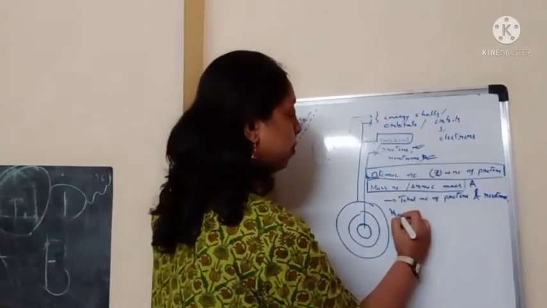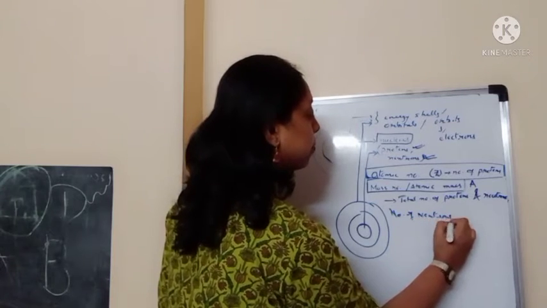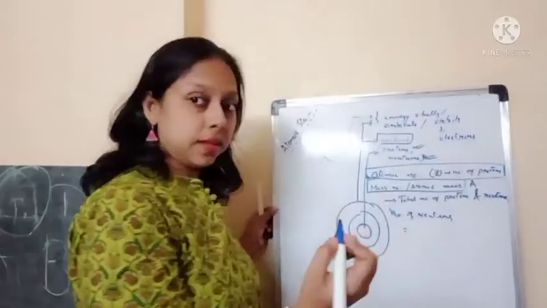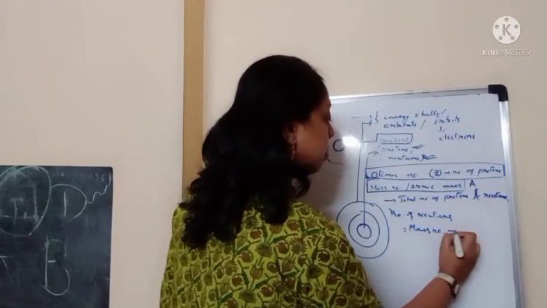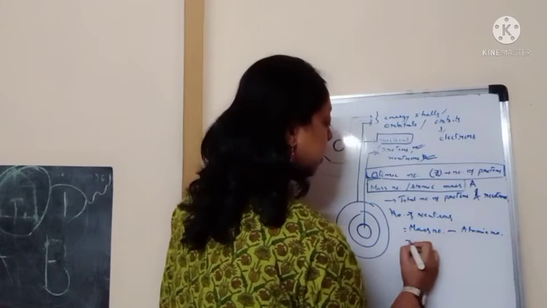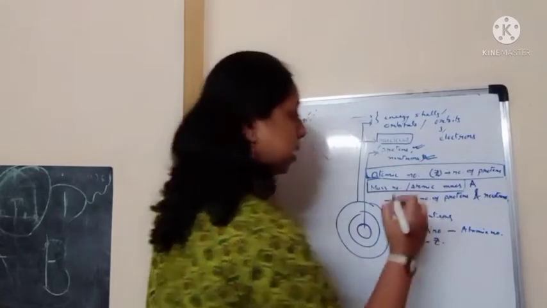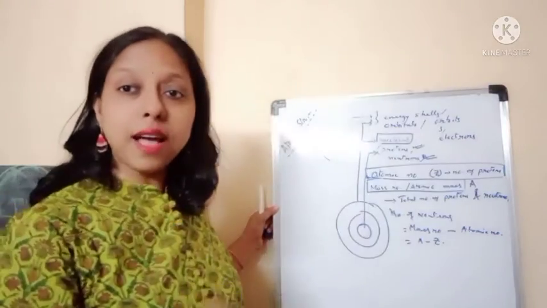So your number of neutrons will be mass number minus your atomic number, that is A minus Z. So this is the introduction of the atomic structure.